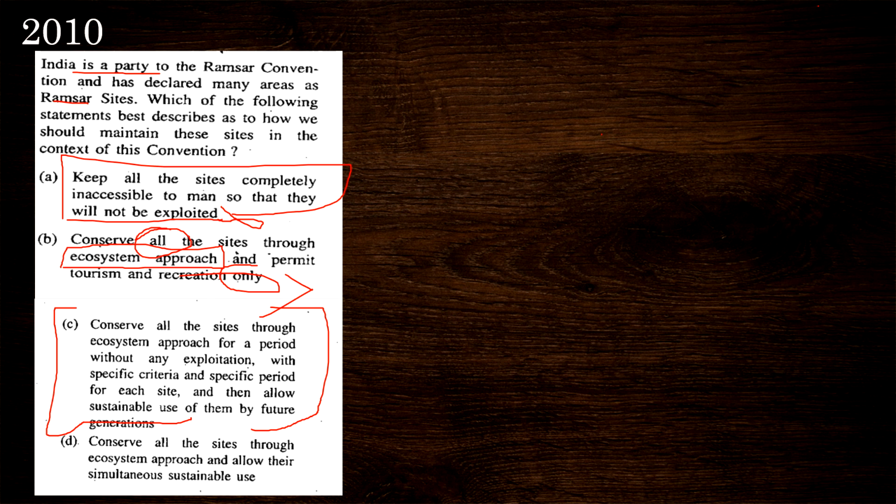There are many ecologically sensitive areas in India where we have not been able to relocate the people despite facing many challenges of them living there. So this is not possible. This will have legal and environmental problems.